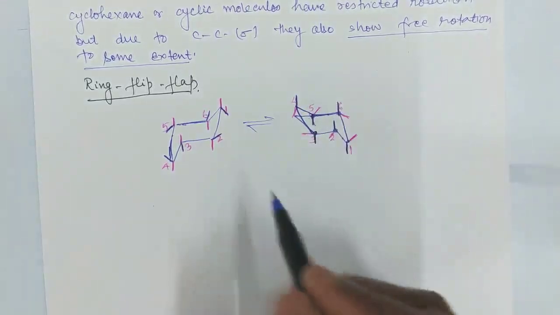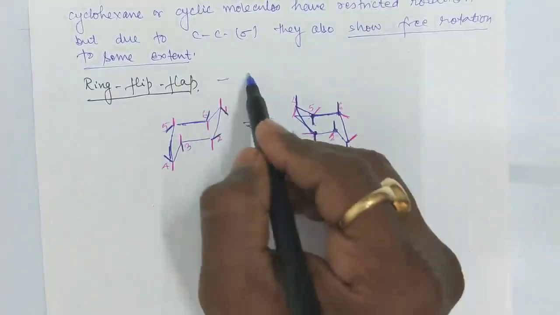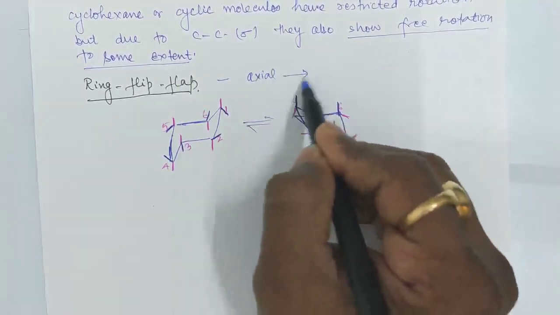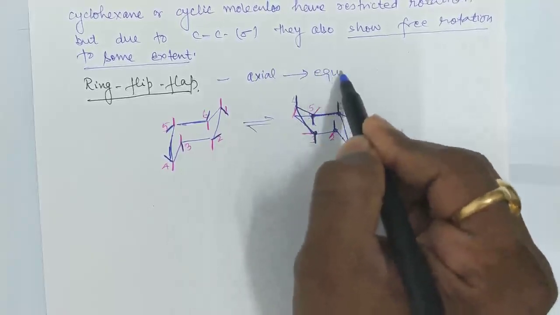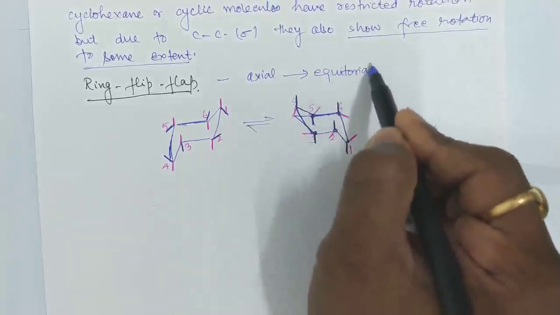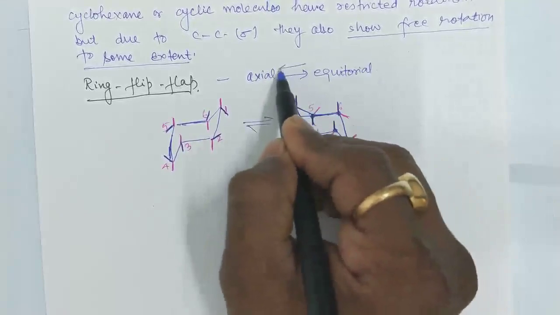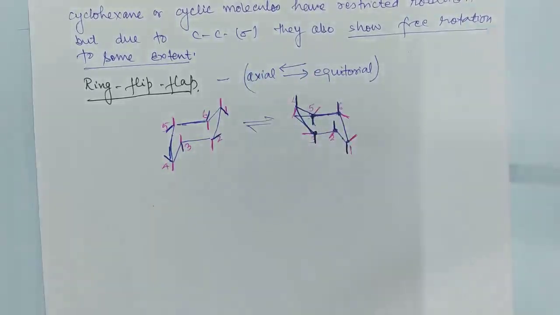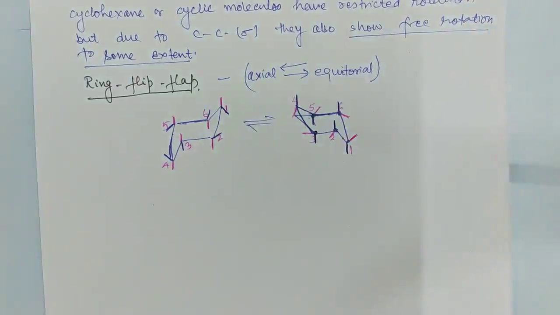So with the ring flip flap, axial bonds go to equatorial, and equatorial goes to axial. This change takes place during the flip flap of the ring.